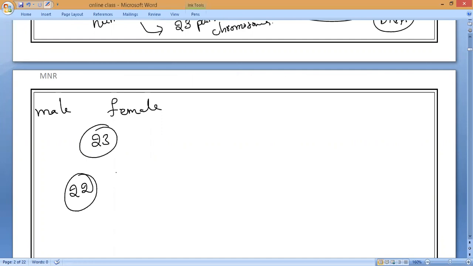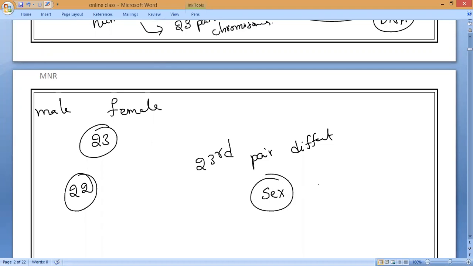The only pair that does not match is the 23rd pair, which is different in male and female. That is because of sex determination, X and Y, which we will study in this chapter.